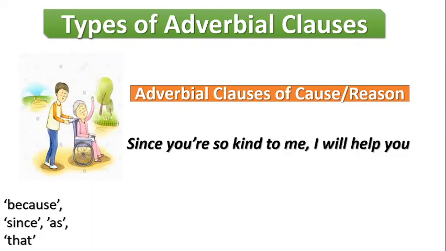The subordinate conjunction here is no doubt since. And since we have seen since, definitely we have our subordinate clause till where we have a comma, because since begins a sentence. Once a subordinate conjunction begins a sentence, the subordinate clause stops where you have the comma.